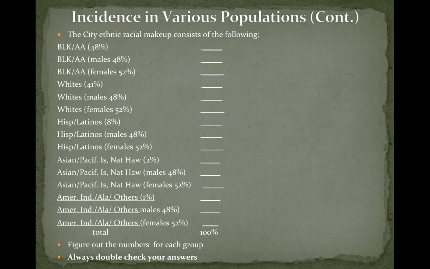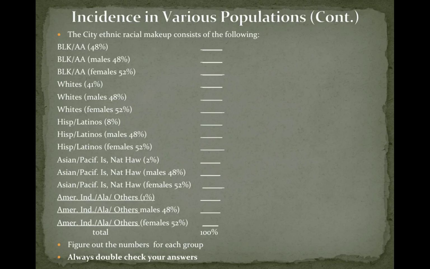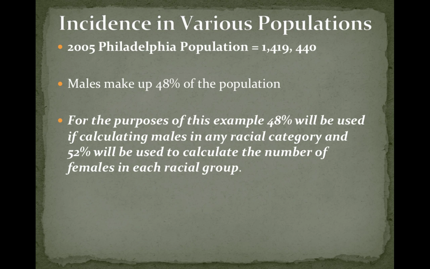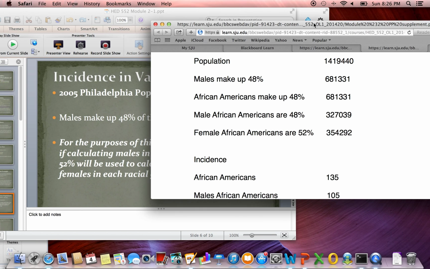Basically, you take this number, 1,141,944, and then we want to calculate out each one of the ethnic groups: the African American group, the white group, the Latino group, and so on. It's pretty straightforward: 0.48 times 1,141,944. That's why I have this supplement posted here.